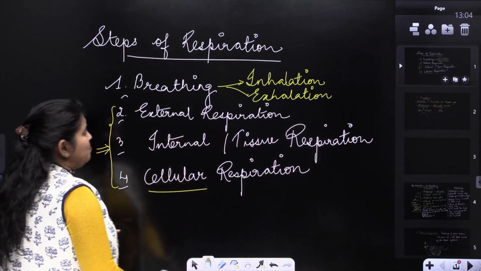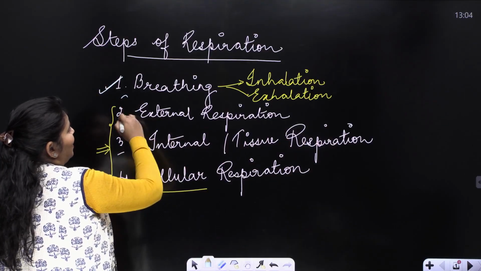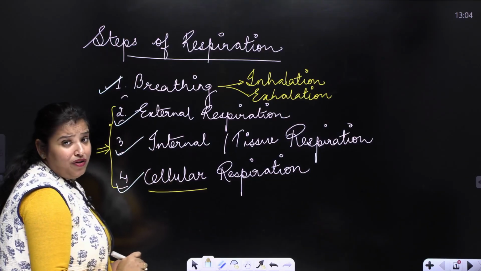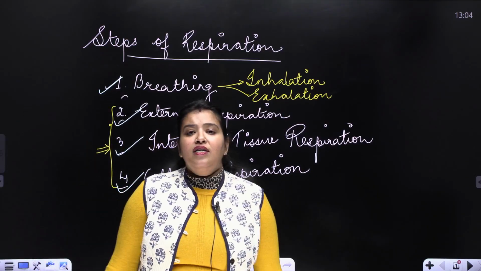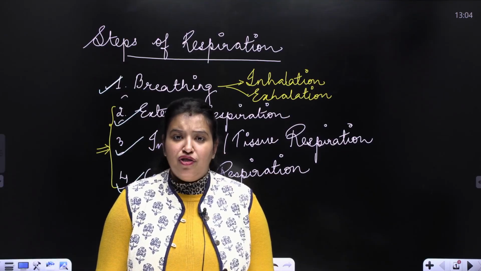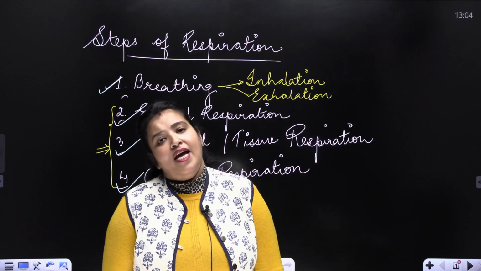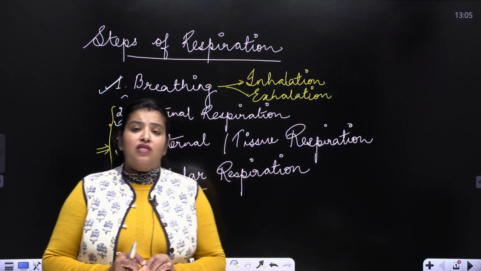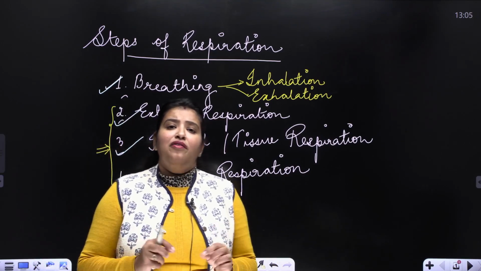The first one being breathing, the second external respiration, third internal, and fourth cellular respiration. Because the ultimate aim of respiration is to generate energy. I hope I am clear with this life process, that is respiration.